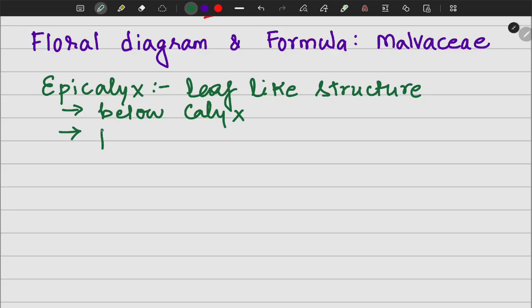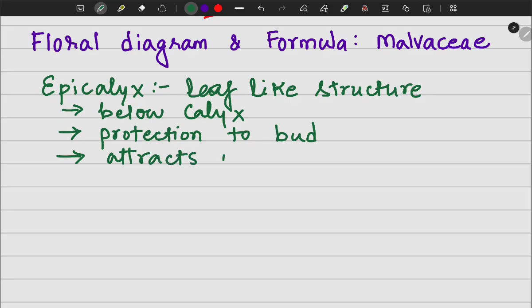And this also provides protection to the floral bud. It provides additional protection, because for the protection, calyx is already there. So epicalyx provides additional protection to the floral bud. And it also attracts the insects for pollination. So it attracts the pollinators.